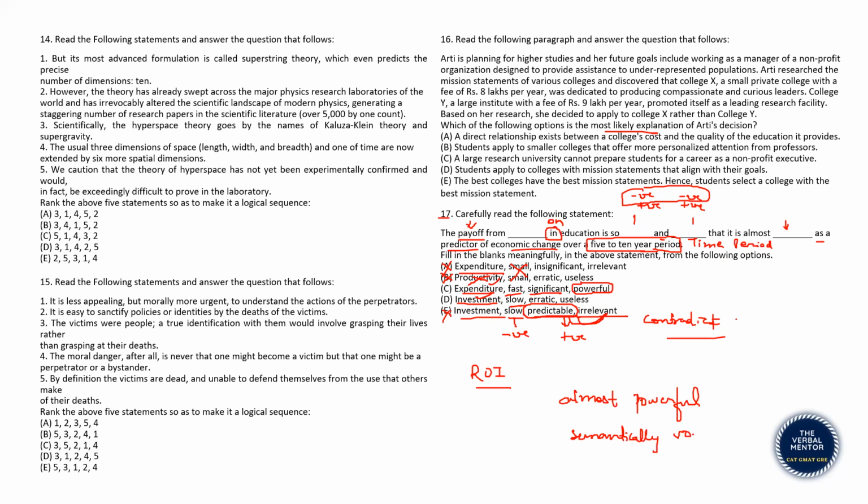It is semantically void, okay? Powerful is a relative adjective. It is not an absolute. And almost is used for absolutes or extreme adjectives. Powerful is not an extreme adjective, it is just a relative adjective. So semantically void construction, we have multiple reasons to eliminate option C.